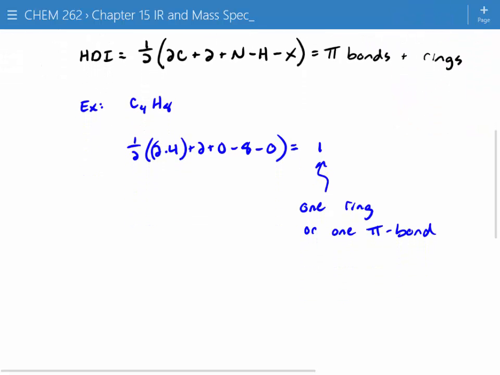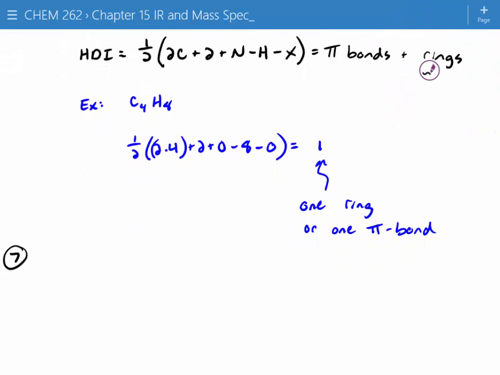All right. The 7th thing is just to narrow down your structural possibilities, including stabilities. Mass spec is really useful for a lot of things.